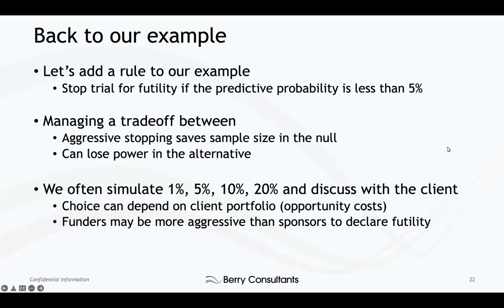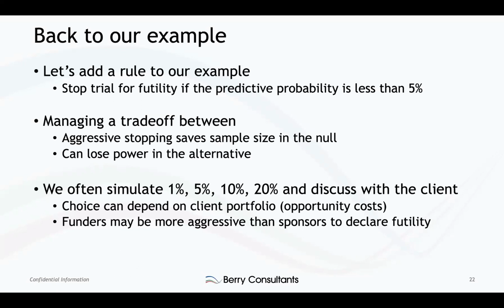So I'm going to add a rule to my trial that I'm going to stop the trial for futility if that probability is less than 5%. I'm trying to manage a trade-off here. If I do aggressive futility stopping, I allow myself to save sample size, particularly under the null, but I can lose power under the alternative. So we often simulate a range and discuss it with the client.